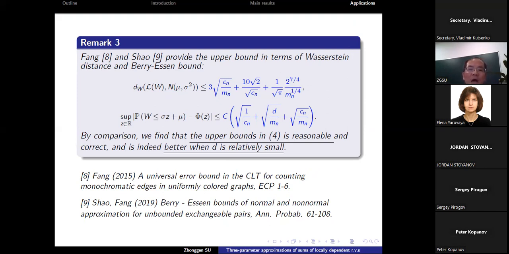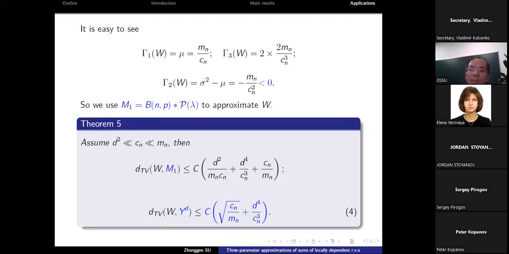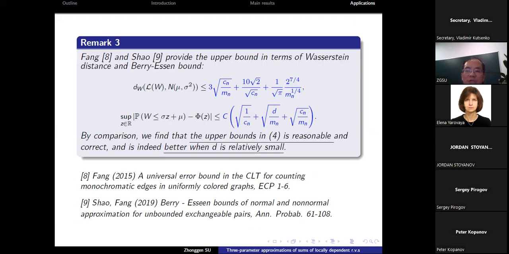Compared to their results, we find our upper bound in formula 4 is reasonable and correct. And more importantly, our result is indeed better when, just recall, d is the largest degree of this graph. When d is relatively small, our result looks better than their results.